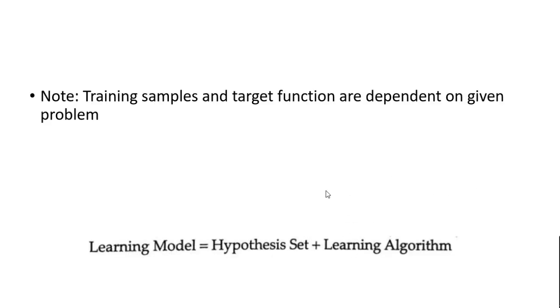So finally, what we can conclude is we give training samples like x1, y1, x2, y2. We also have a target function, where I have my ideal function f, which is nothing but our target function. Both of these are dependent upon the given problem.